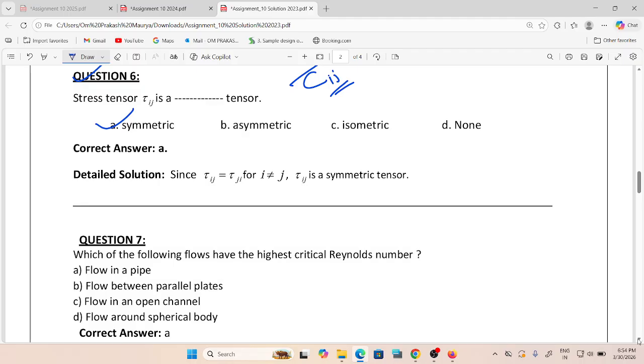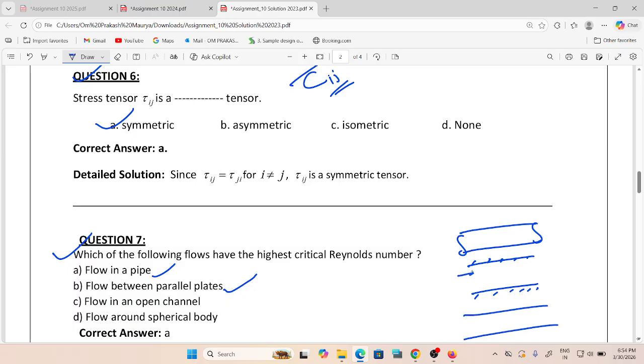Once you see the complete video, you will be able to understand, no issue. Now the next question: which of the following flows has the highest critical Reynolds number? Flow in pipe, flow between parallel plates, the flow in open channel, the flow around a spherical body.